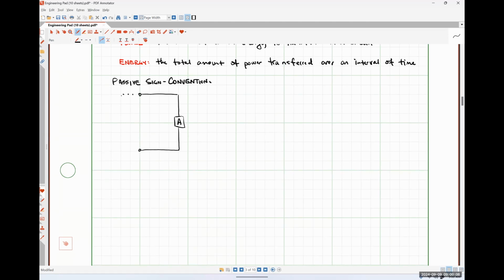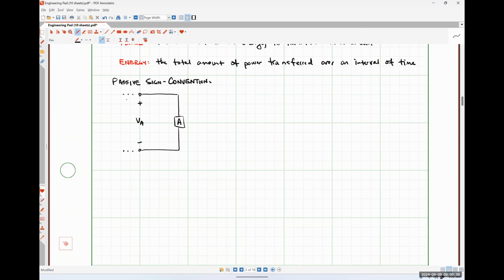And circuit element A is part of some larger circuit. Okay. Let's define the voltage drop across element A as having the positive polarity on top and the negative polarity on bottom, like so.